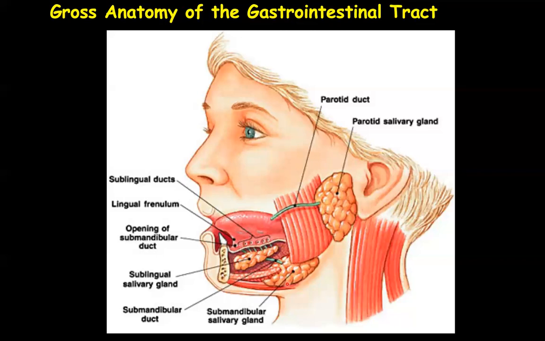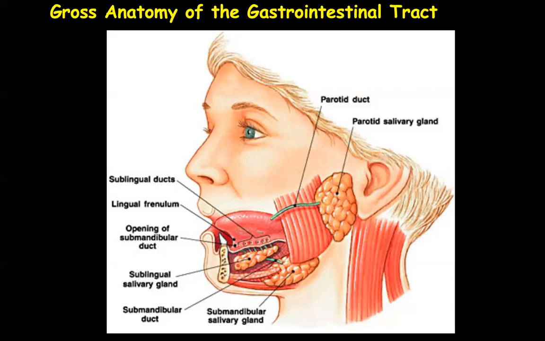And this is producing about 70% of the total saliva, and it's released into the buccal cavity through the submandibular duct. If you lift up your tongue and you look under that inferior surface, on either side of the frenulum, you'll see 2 little openings. Those are the submandibular ducts releasing saliva into the buccal cavity.